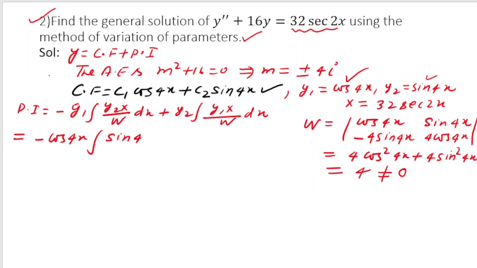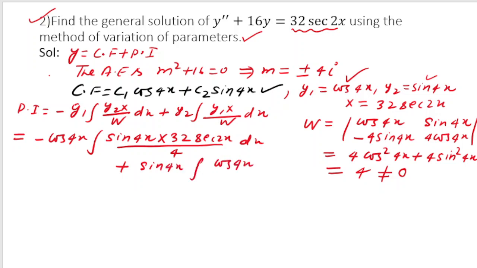Sin 4x, and into the right hand side, that is 32 sec 2x divided by W, that is 4, dx, and plus y2. So y2 is sin 4x and y1 is cos 4x, into the right hand side, that is 32 sec 2x divided by 4, and this is dx.